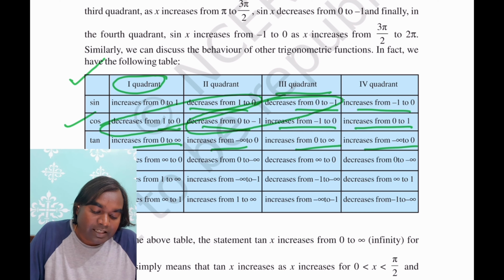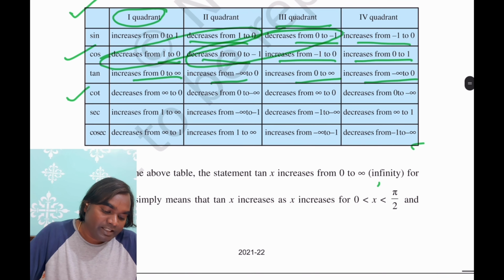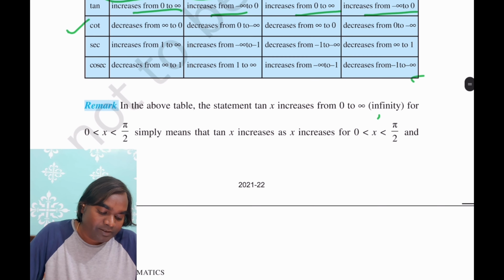So you can see that it is always increasing: from 0 to infinity, minus infinity to 0, 0 to infinity, and minus infinity to 0. And cot always decreases from infinity to 0, 0 to minus infinity, from infinity to 0 again, and from 0 to infinity. So you can see and check all these variations from this table.